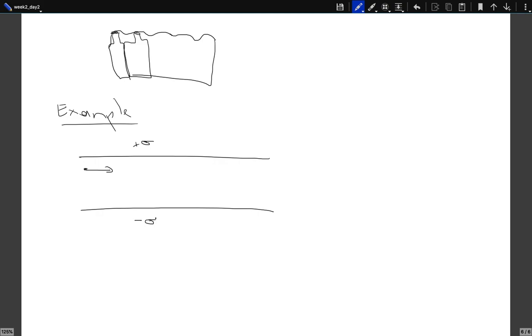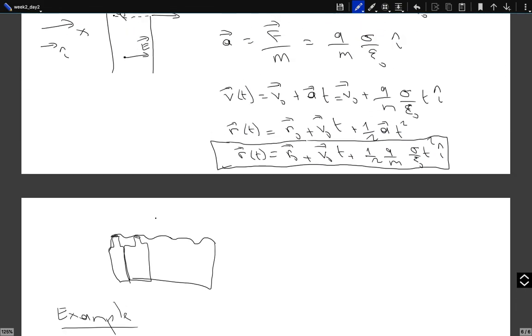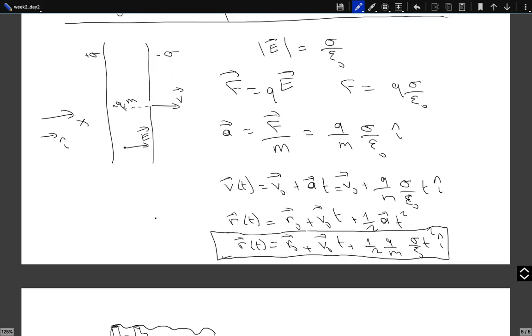You send it through these parallel plates. The only difference from the previous problem is that in that problem, the electric field is in the direction of the initial velocity. You set the initial point to 0. The v0 is in the direction of the field, so the trajectory of the object is just a straight line.